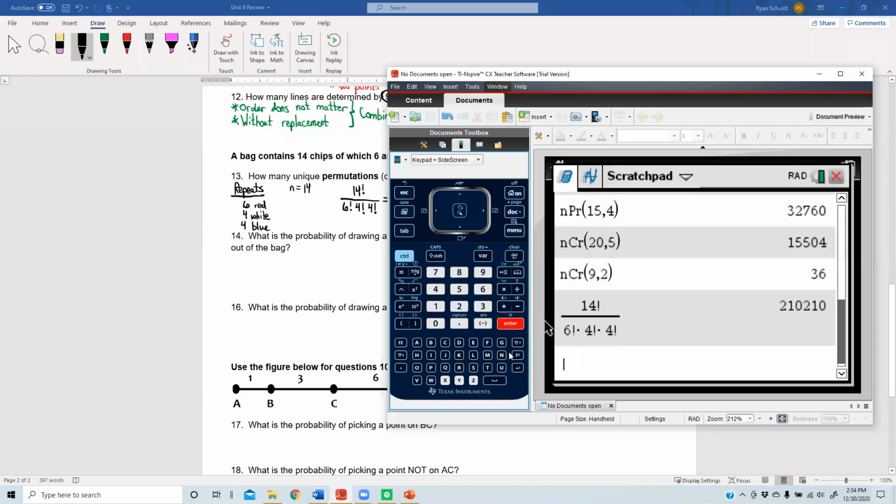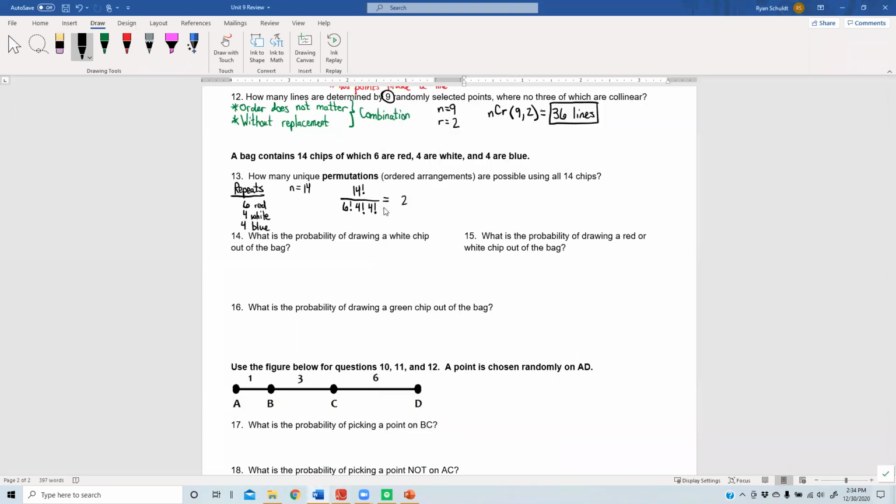Hit enter. 210,210,000 arrangements. That's how many we can make with all 14 chips.